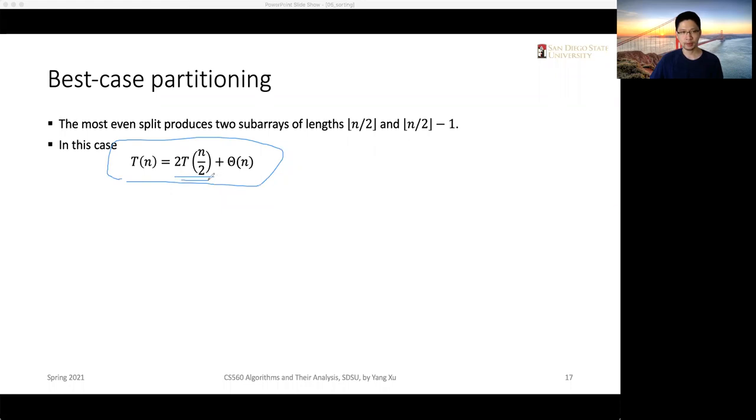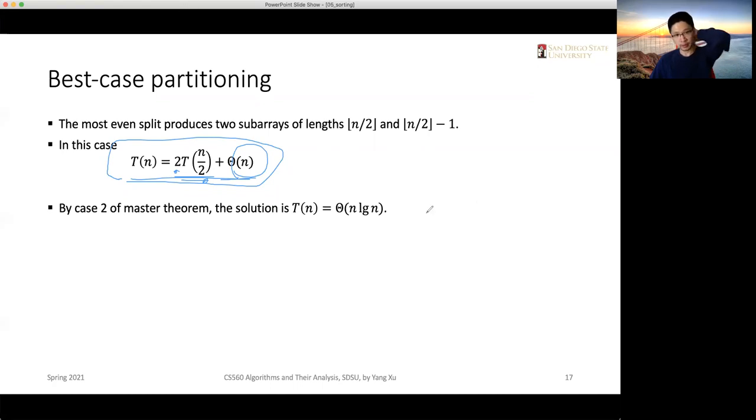And this formula is something that we are very familiar with. We have the constants, and a known function. Then we can immediately use the master theorem to obtain a solution, which is big theta of n times logarithm of n. Which is expected, right? Because it's quite similar to the case for merge sort, when we have an even split on each sub-array.